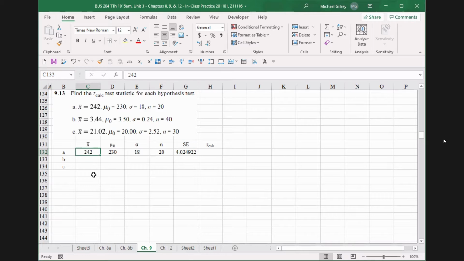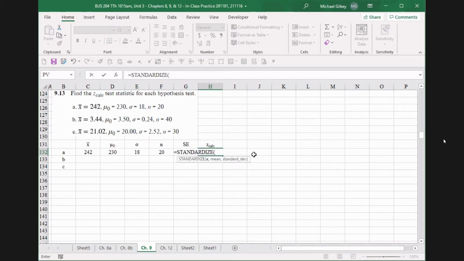And you may be able to look at that and see this number is going to be just a little bit below 3. So let's do it. We'll standardize where my x value is my sample statistic, my mean is the hypothesized mean, and my standard deviation is the standard error. Are we okay?